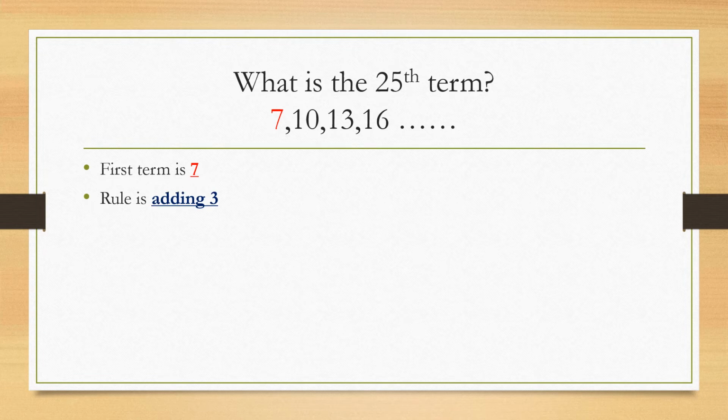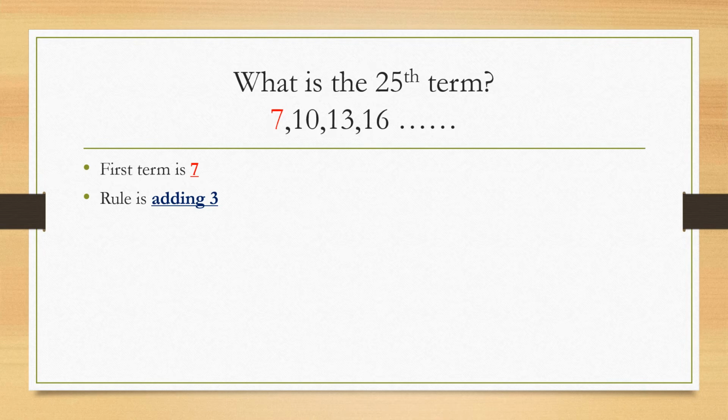Then you have to know that instead of saying 25th term, you are going to subtract it by 1. So 25 minus 1. If he told you 10th term, you will say 10 minus 1, it's 9. If he asked you about the 100th term, you will say 100 minus 1, it's 99. So always you subtract it by 1.